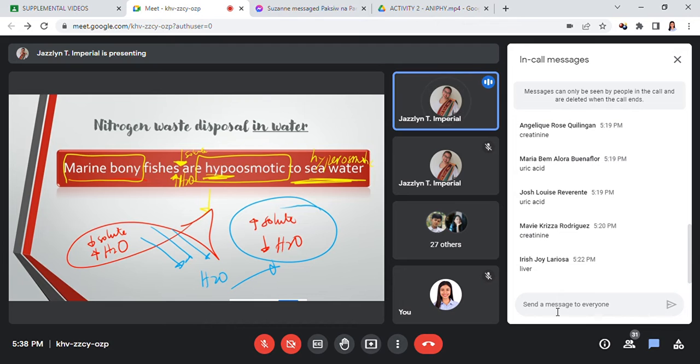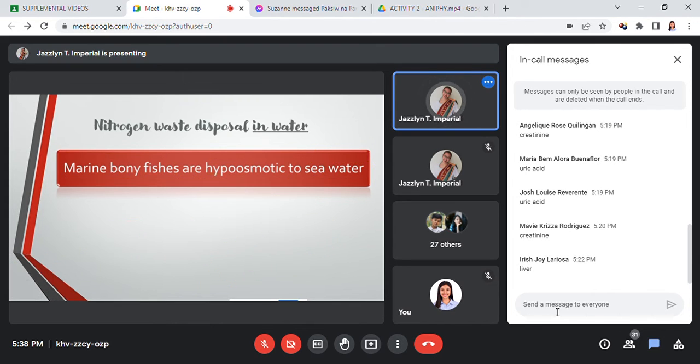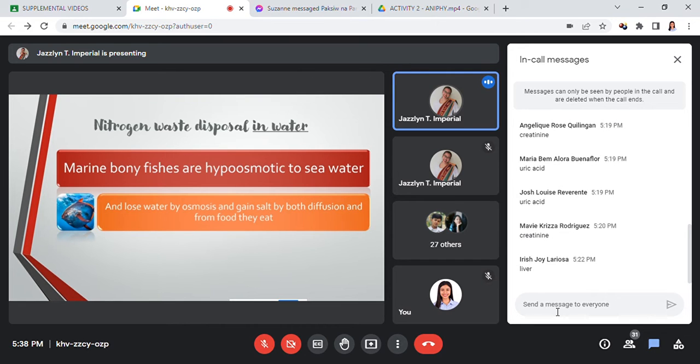Because that's the tendency, the marine fishes lose water by osmosis. They gain salt by diffusion and from the food that they eat. But for them to conserve water and balance water loss, they have no choice. They need to drink salt water. Now, what is the effect of drinking salt water on the cell?